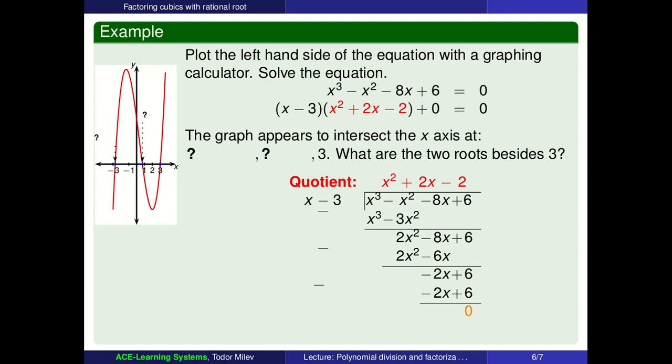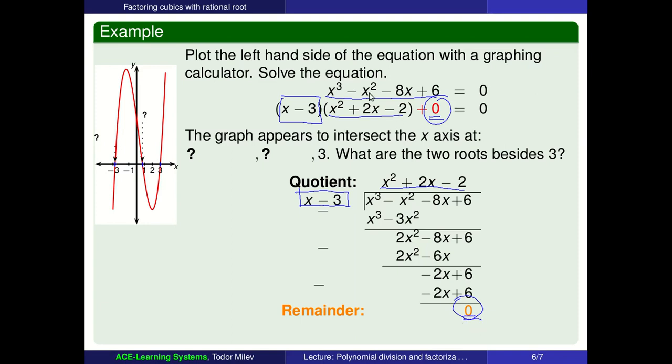So, a reminder, this polynomial here is equal to the quotient times the divisor plus the remainder. Right, and the remainder is 0. So that's our remainder here.